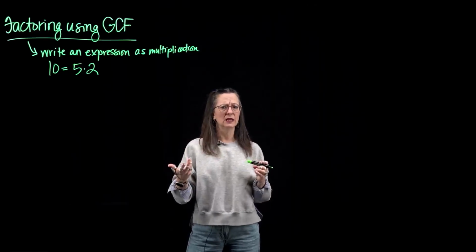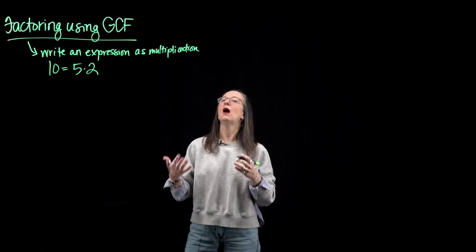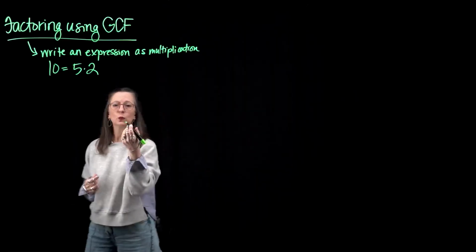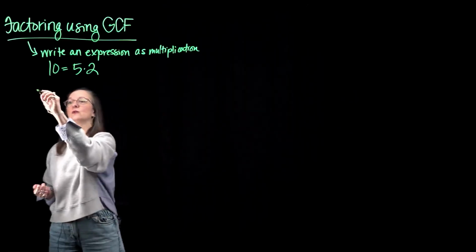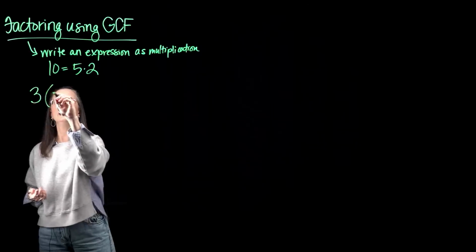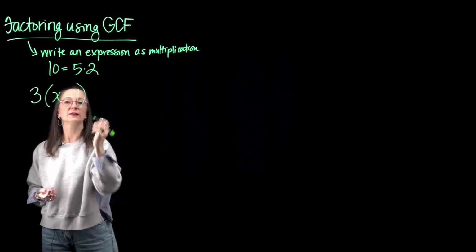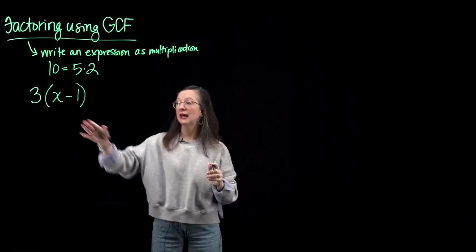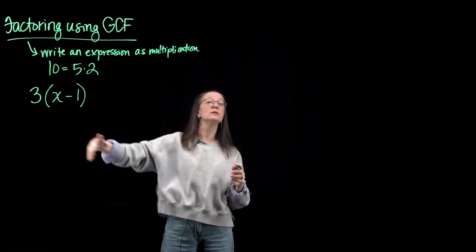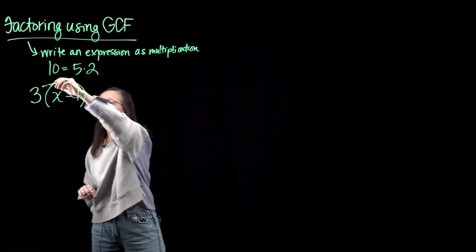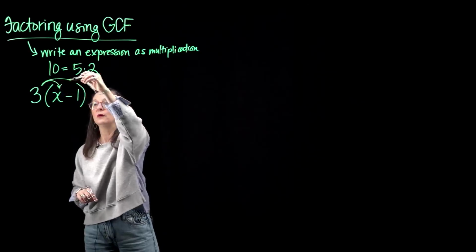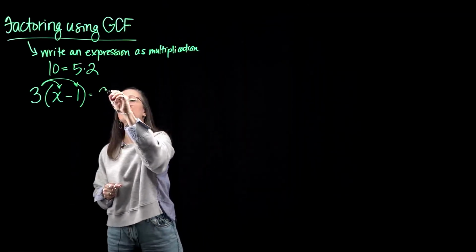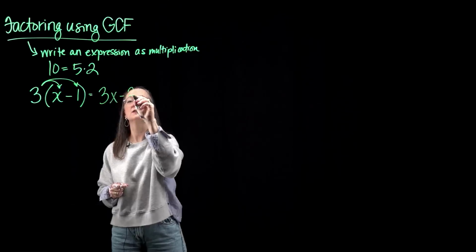One way we can think about it, though, is the opposite of something. Now, when we talked about order of operations, we did distribution. So we did something maybe like 3 times, parentheses, x minus 1, and you know that that 3 on the outside means we're going to distribute the 3 to both the x and the negative 1, and we'll rewrite that as 3x minus 3.